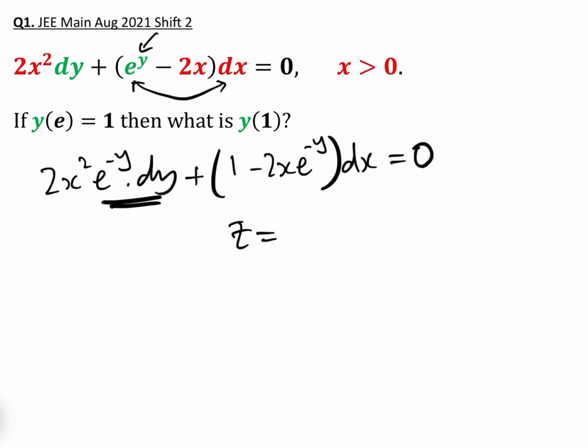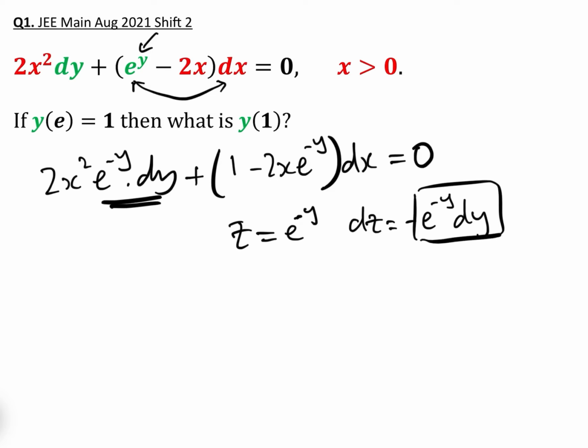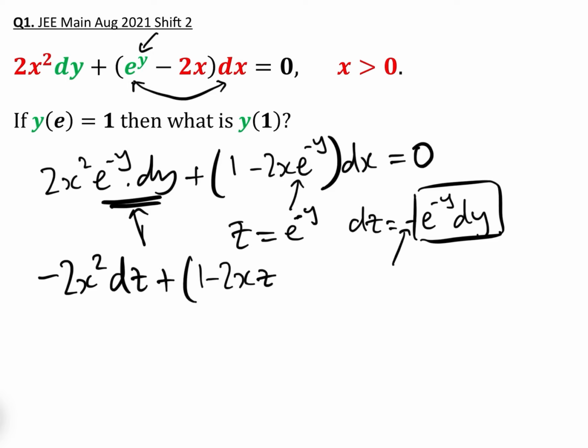We can let z equal e to the minus y, and therefore dz equals minus e to the minus y dy, and we can replace that bit by dz, which gives us minus 2x squared dz, because of that minus sign. You just have to be careful of that. Add brackets 1 minus 2x z, because z is e to the minus y, dx equals 0.